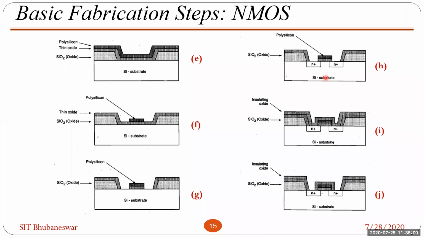So after that, the diffusion process will come. Here there are some ion implantation or diffusion processes. So here you will deposit the N-type material in this gap. In this gap you will deposit some N plus material, meaning heavily doped N material. That is called the diffusion process.